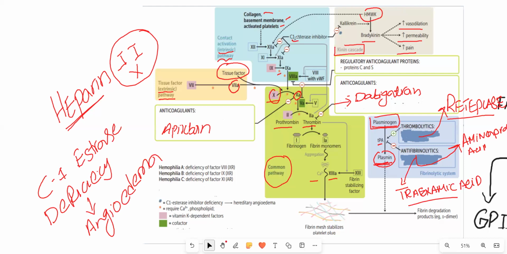C1 esterase inhibitor normally inhibits kallikrein. Kallikrein converts high molecular weight kininogen into bradykinin. If C1 esterase inhibitor is not present, it will excessively convert into bradykinin, and in this way it leads to increased vasodilation, increased permeability, and pain. C1 esterase inhibitor also affects the coagulation pathway by inhibiting activated factors 12A and 11A, right?